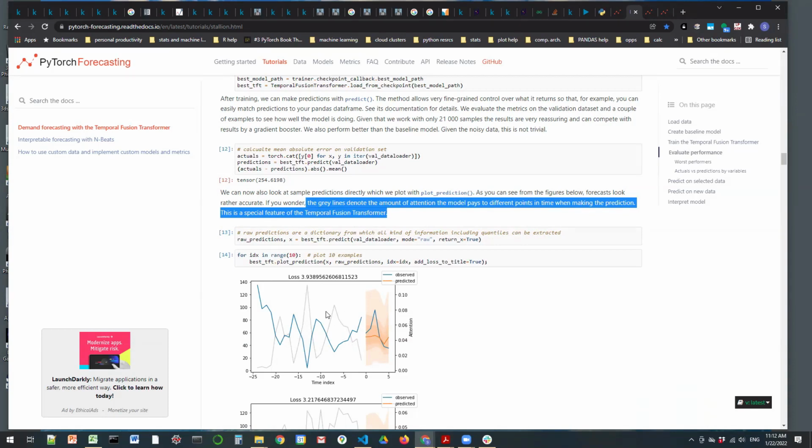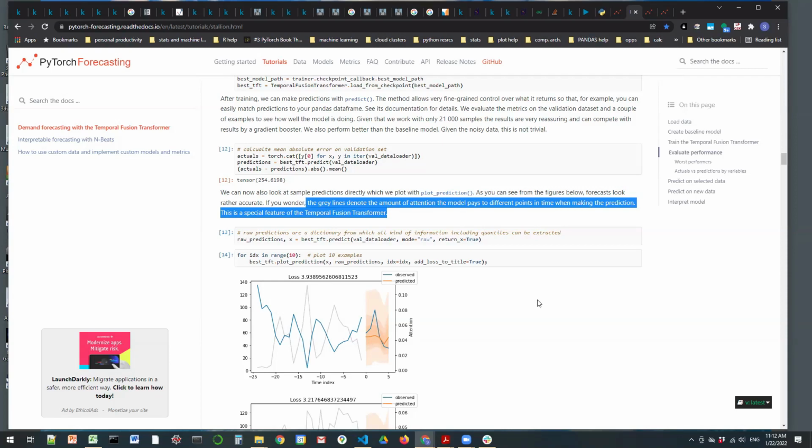Similarly, this gray plot apparently tells you which points backwards in time the temporal fusion transformer is paying attention to when it's predicting this, which I thought was interesting.